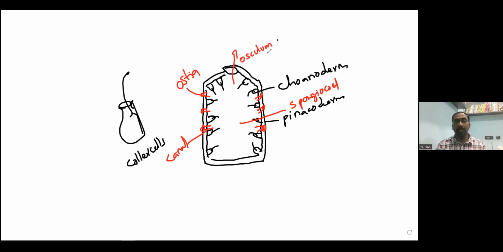The pathway of water through the canal system: ostia, canals, spongiocele, osculum, outside.